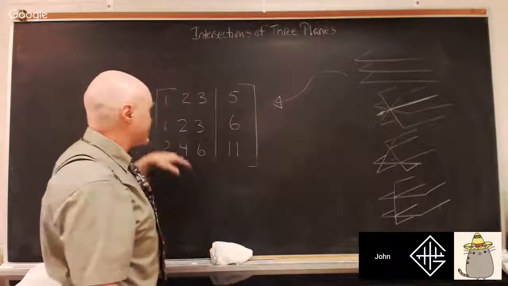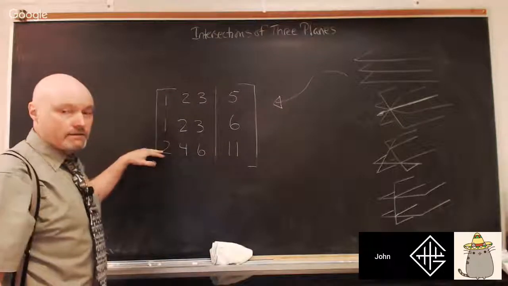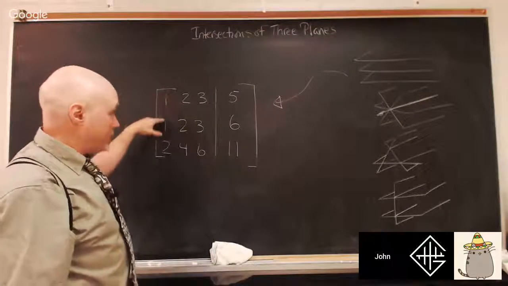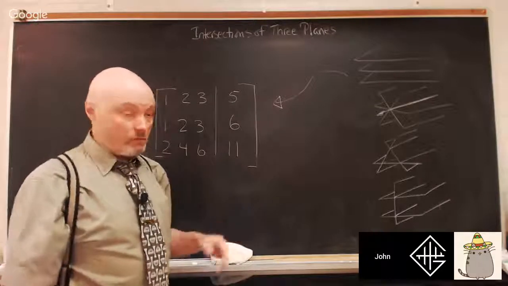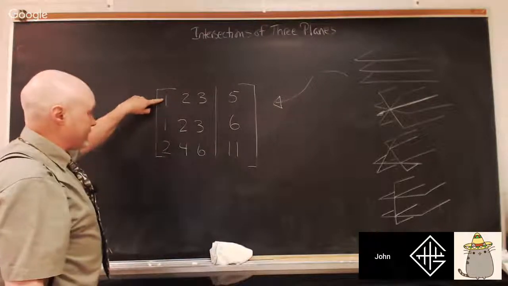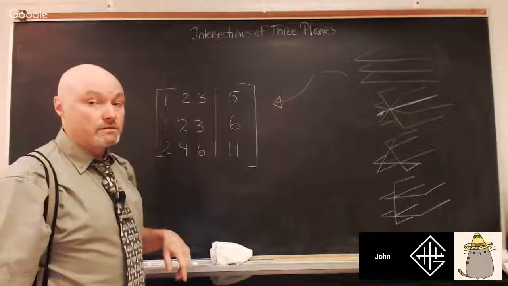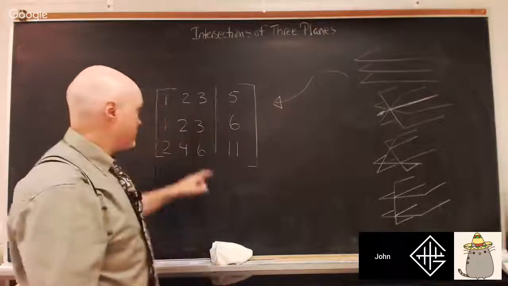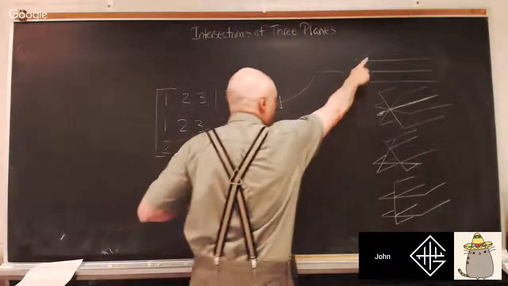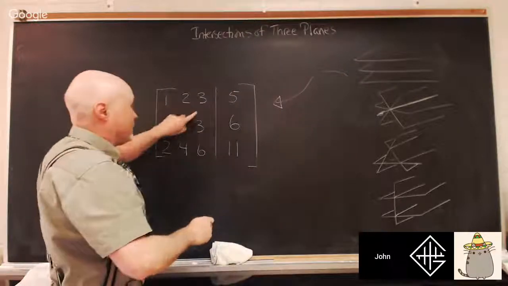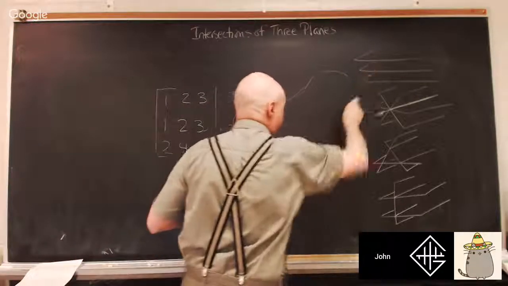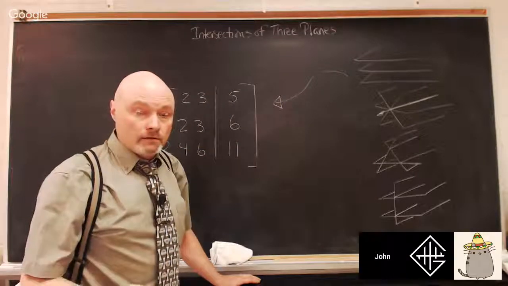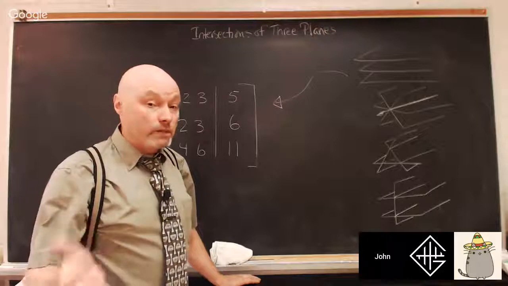I can tell just by looking at the original equation or its matrix form that the normals are all the same. This plane has a normal of 1, 2, 3, as does this one. So the two normals to those planes are parallel. The normals are parallel. That tells me the planes are parallel.